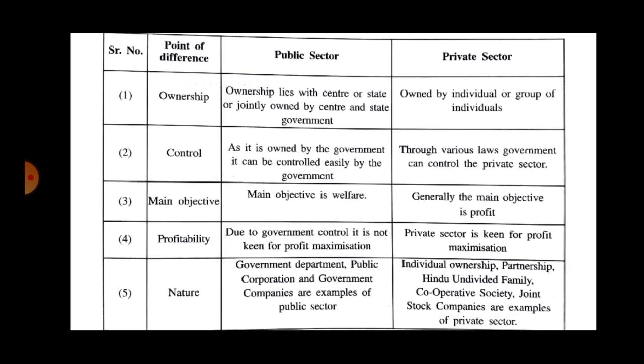Then we saw characteristics of private sector, that it is the oldest form, and it has a big share in economy because government sector is limited, but private sector can expand according to its wish. And even private sector can change according to the requirement, according to the time and circumstances.